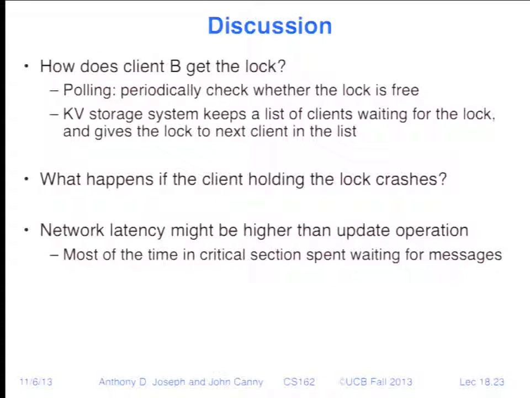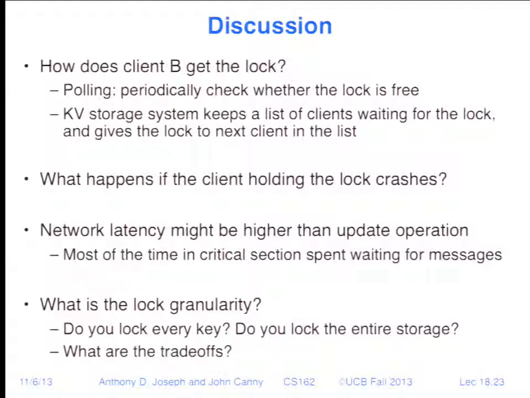And the clients monopolize this particular piece of data, and we get low throughput because of that. So this is a good first cut solution, but we're going to strive to improve performance by allowing more concurrency.